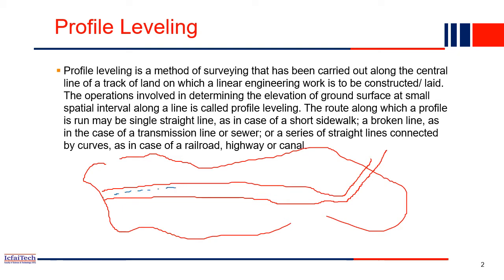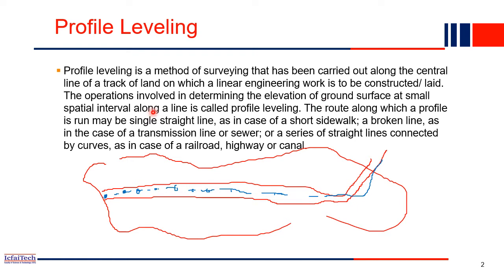This may be our benchmark, which we know, and for the remaining intermediate points we find the elevation at each point. This is the center line of the road, and we call it profile leveling. We are basically leveling the profile of the entire road.